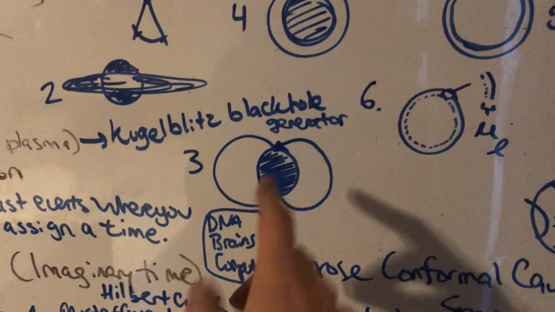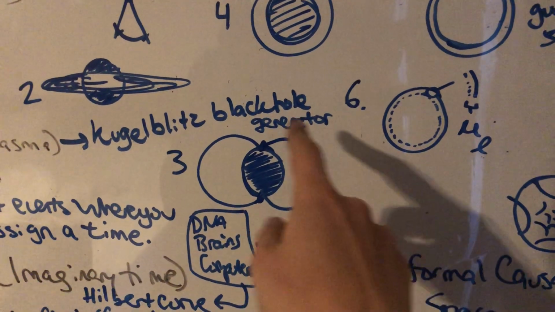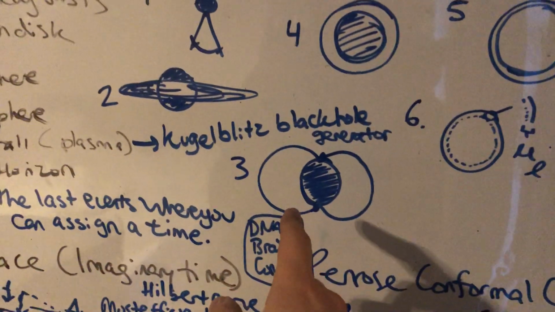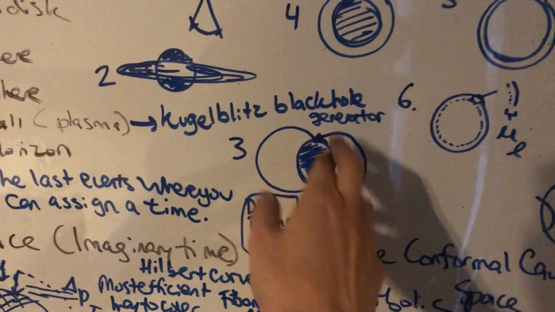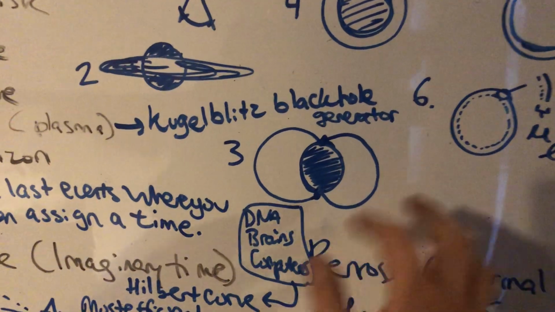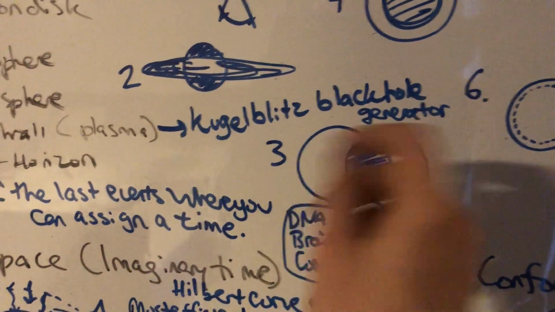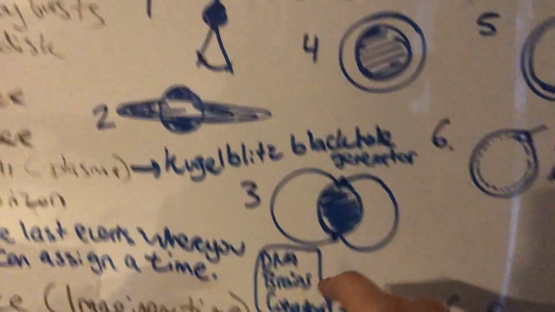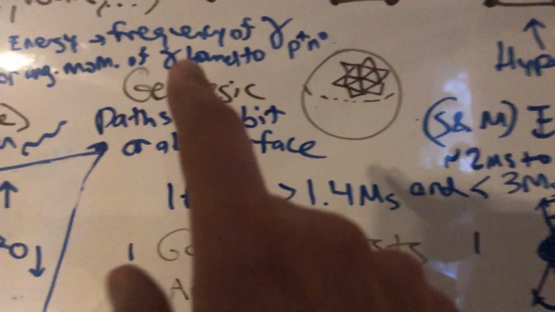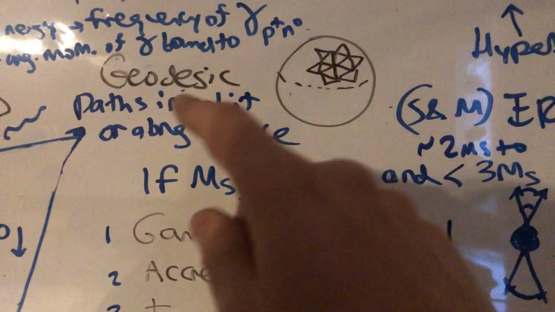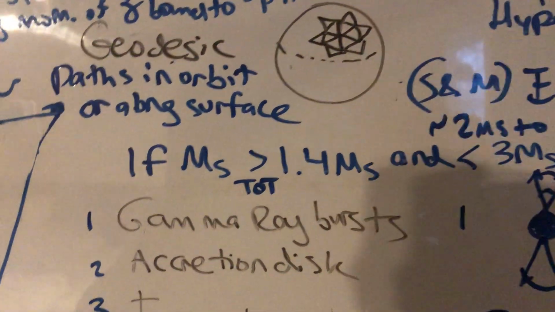There's this area around the black hole that looks kind of like two overlapping circles, like a Venn diagram. That's basically regions that are fairly close to the black hole. I don't actually have the equations written here, but it's where gravity starts to act weird, and your geodesic, which is the word for the path you take around another object, could be on the surface or separated from the surface.